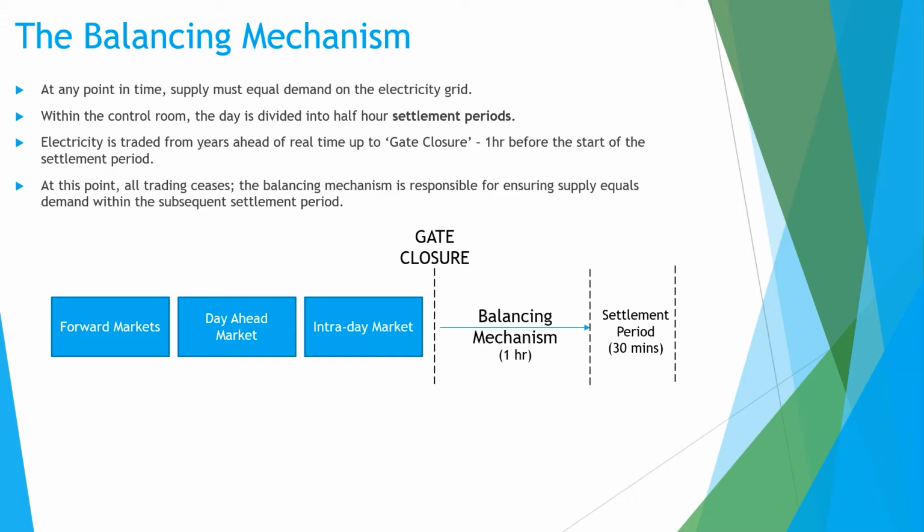And this point is 1 hour before the start of the subsequent settlement period. So all trading ceases and the balancing mechanism takes over, and it's responsible for ensuring supply equals demand within that subsequent settlement period.